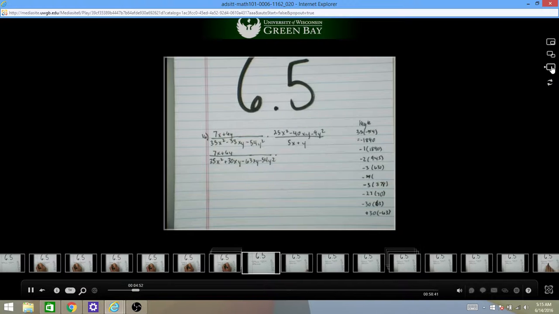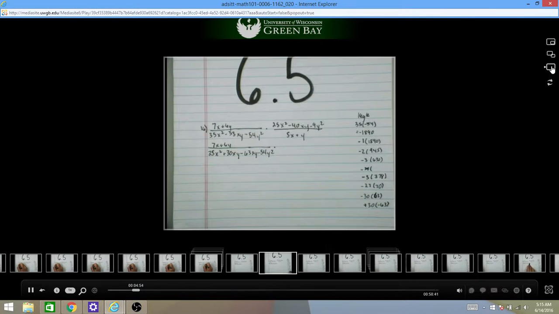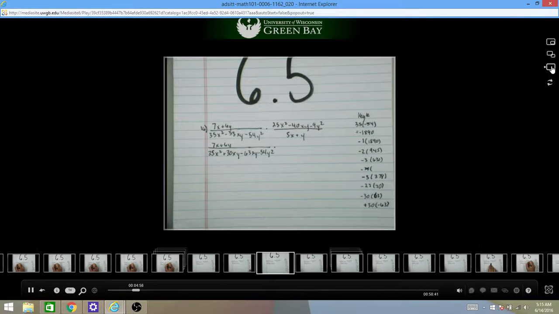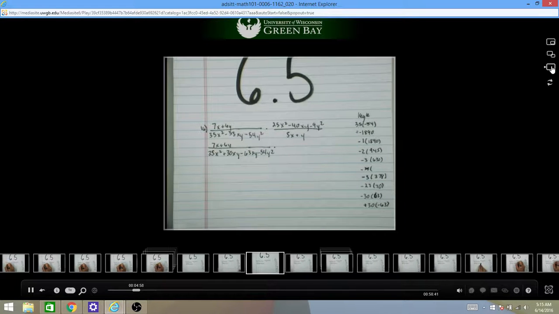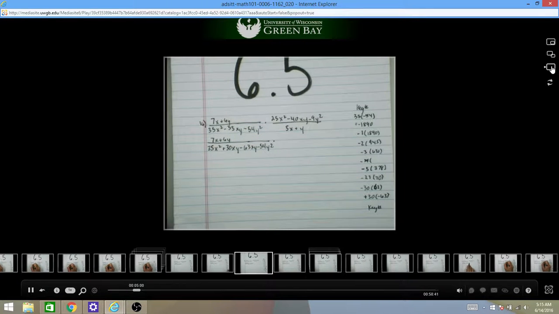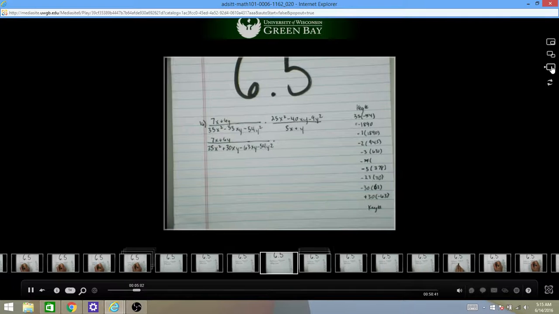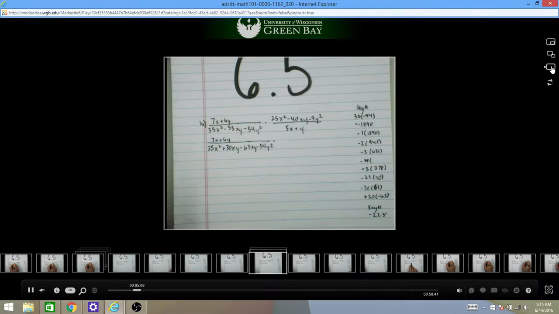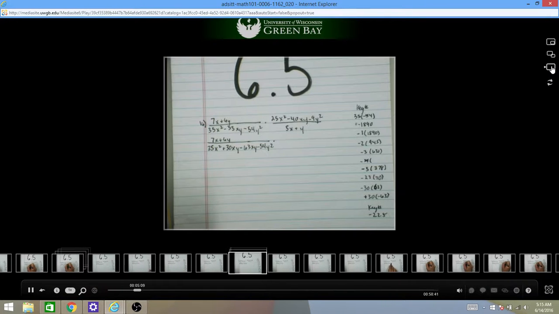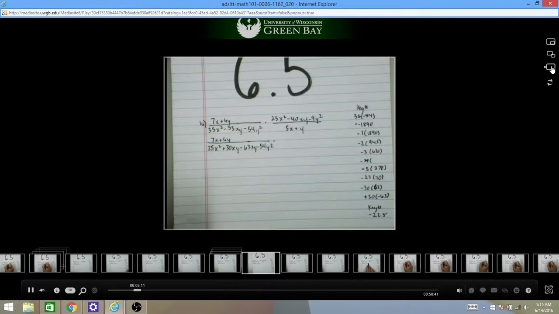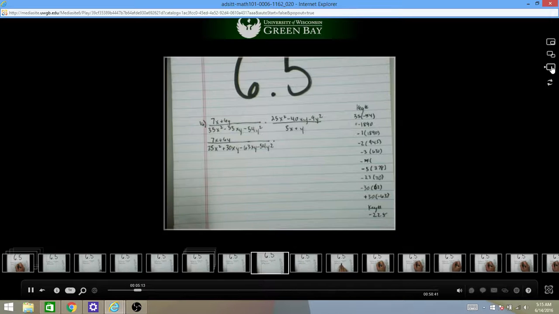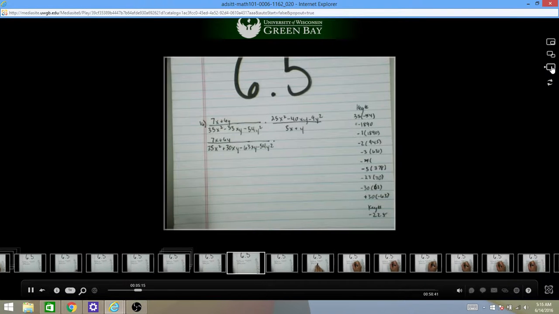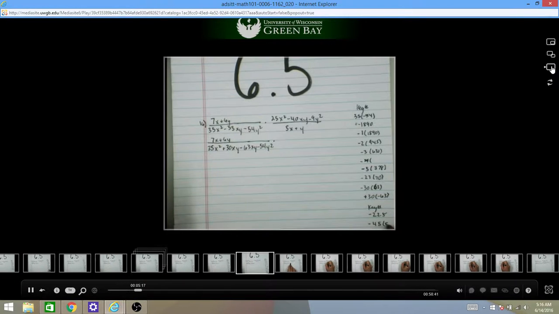So the key number there, 9 times 25, or negative 9 times 25. So that is negative 45 times positive 5. So I'll split that numerator up.